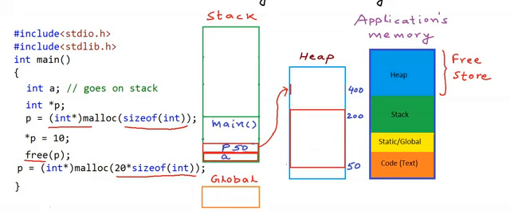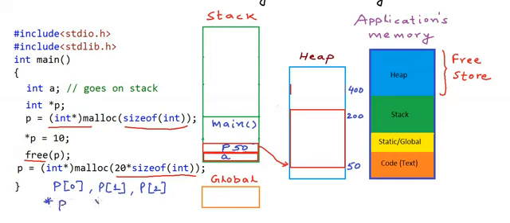So we get the base address of the array. This p will point here to the base address of this block, and then in our code we can use these 20 integers as p[0], p[1], p[2] and so on. As we know, p[0] is the same as saying value at address p, and p[1] is the same as saying value at address p plus 1. This is what it means.